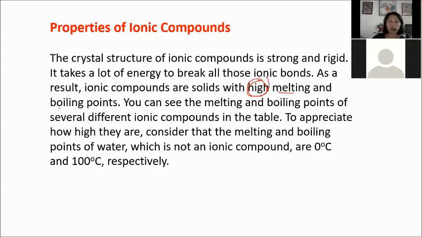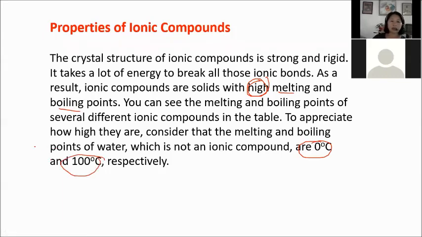You can see the melting and boiling points of several different ionic compounds in the table on the next slide. To appreciate how high they are, we compare them to the melting and boiling points of water.